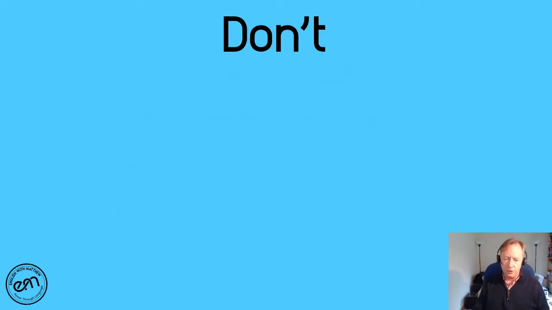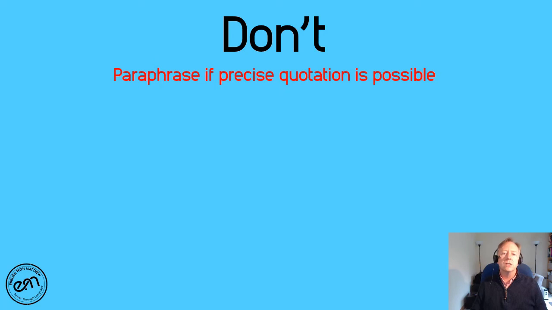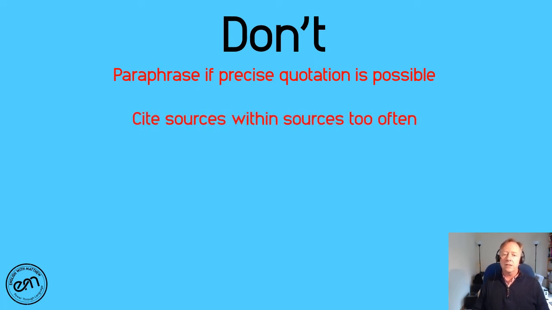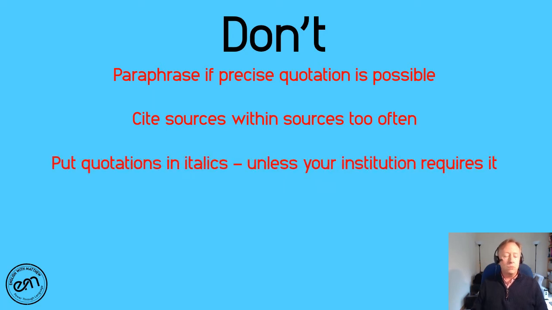And if you're paraphrasing, completely restate the idea. Paraphrasing can be dangerous. Okay, some don'ts. I would say don't paraphrase if you can use a precise quotation. I've had a lot of colleagues argue with me on this, but I'm standing firm. That's my advice. Take it or leave it. Don't cite sources within other sources too often, because it does start to look a bit lazy. Don't put quotations in italics unless your institution specifically requires it.